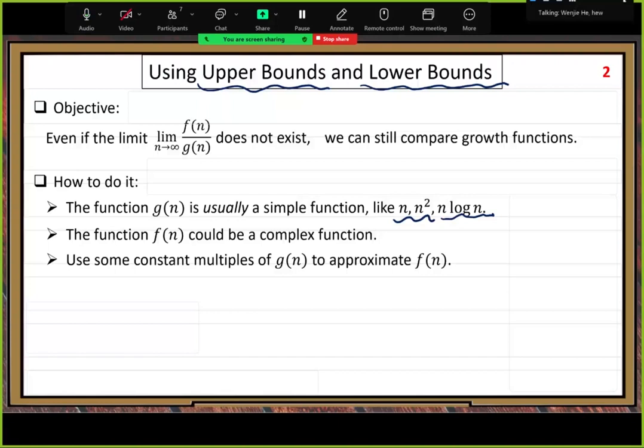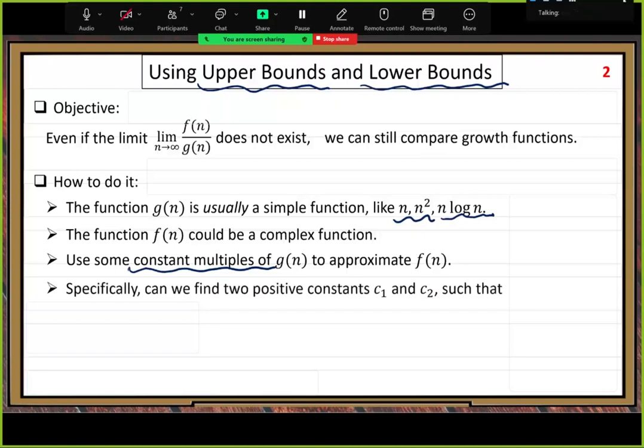Lower bound and upper bound: we approximate this function from two sides. In this way, we can compare these two functions.